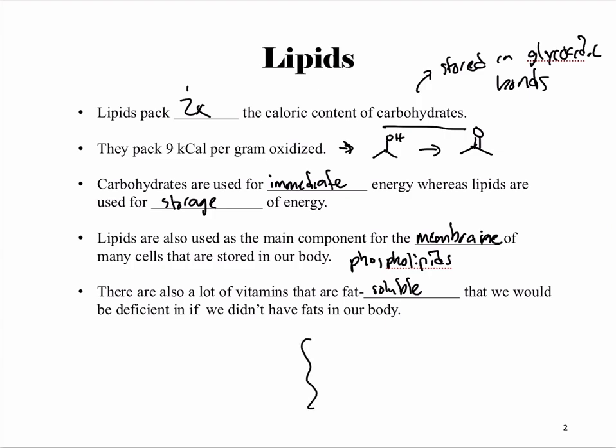If we have something fat, which is nonpolar, and something polar, like water, the fat-soluble vitamins will go to which side of this divide? Fat-soluble will move to the nonpolar side of this divide here.